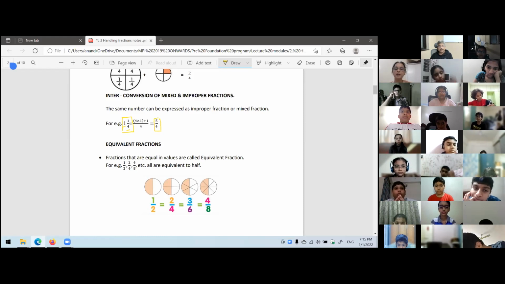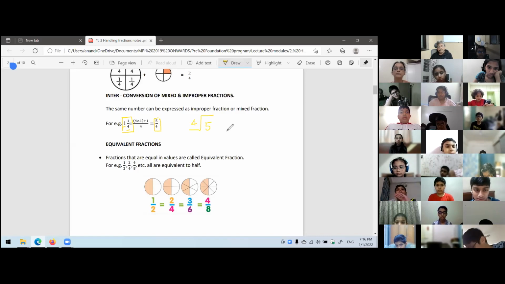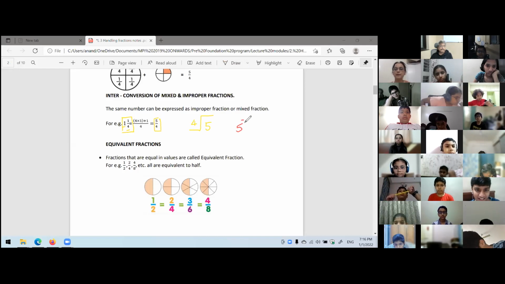And now if I want to convert improper into mixed, what will I do? I will divide 5 by 4. 4 1s are 4.